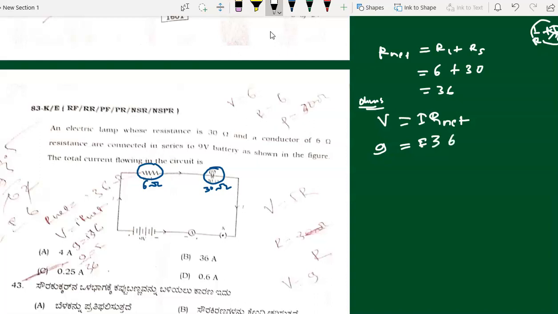Here we have R net, 36, which I have calculated. I want I, so 9 by 36, that is 1 by 4. So I is equal to 0.25 ampere. So that is your answer, 0.25 ampere. Okay, so next.